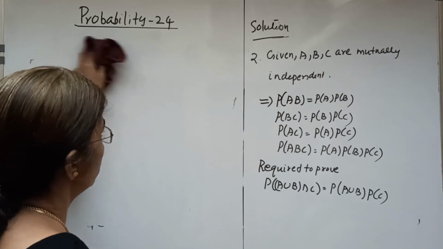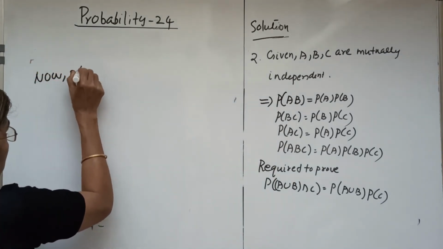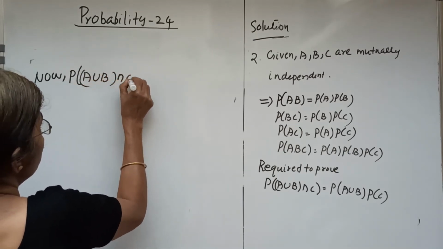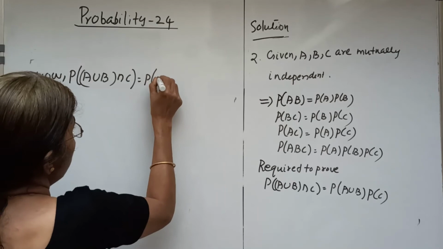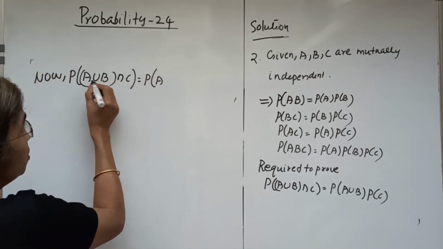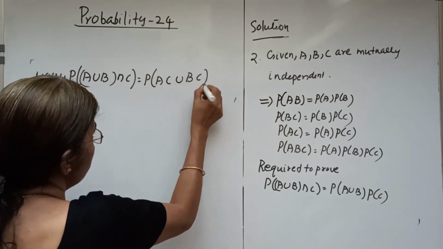P of A union B intersection C, by the distributive law, becomes P of AC union BC.